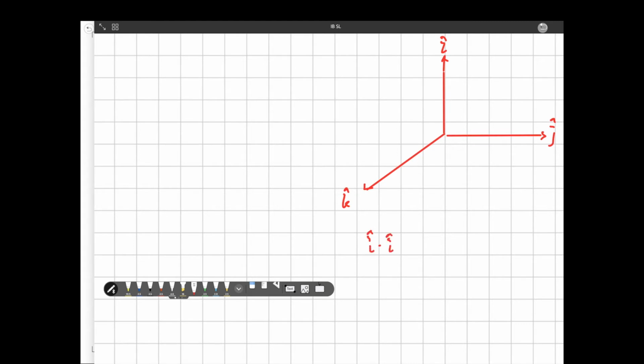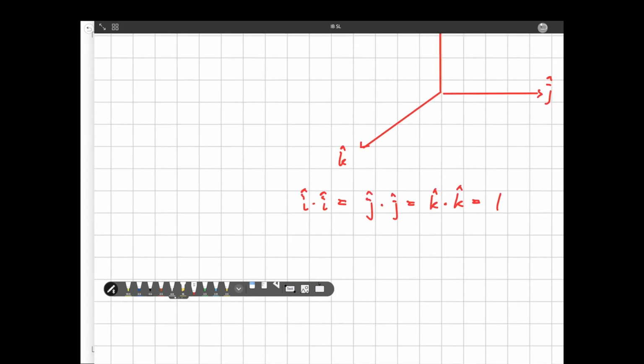So we have i dot i, which is in the same direction. That is just equal to j dot j, the same direction, two vectors dotted together. So that would just equal 1.